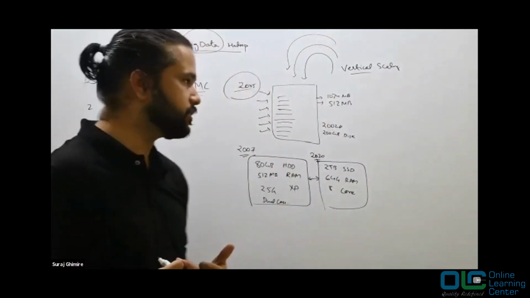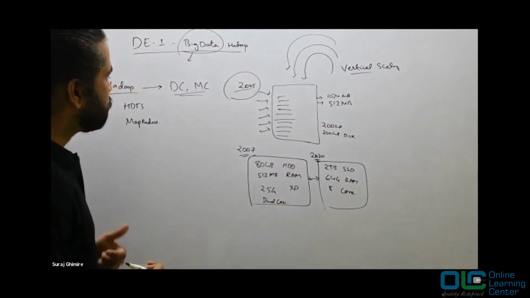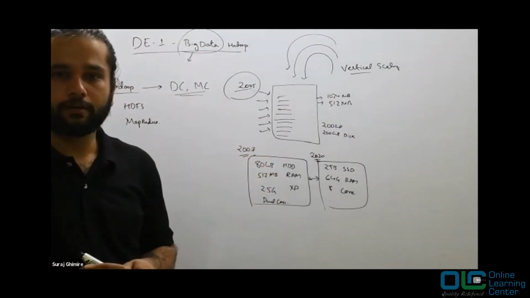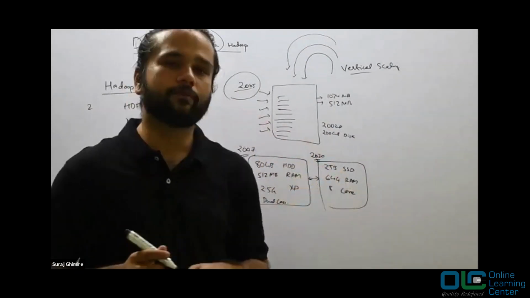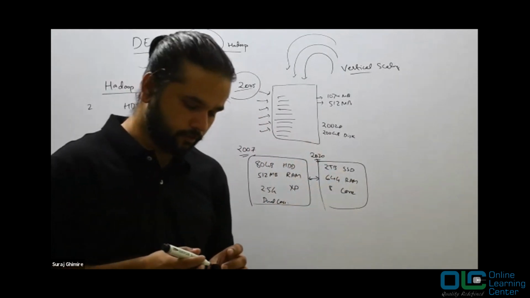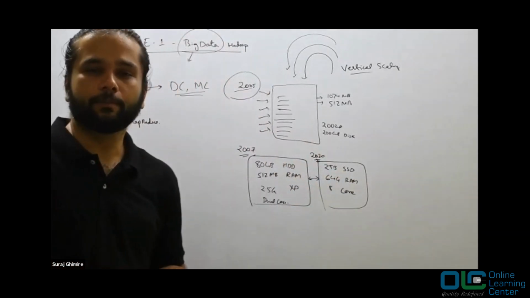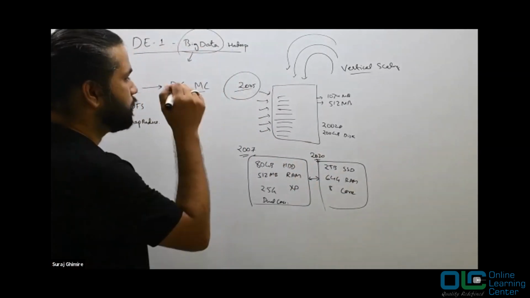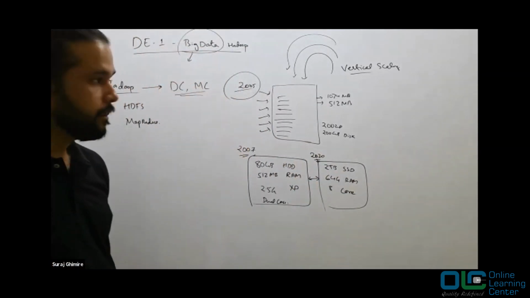There is a threshold for everything. Because of this, these guys were literally frustrated. They were saying, hey, every time we are getting more data and we have to keep some data aside and then start processing just to manage it. And they were really looking for one solution or another.